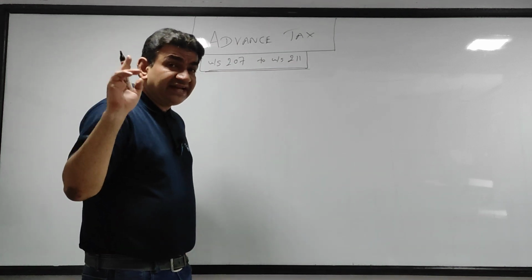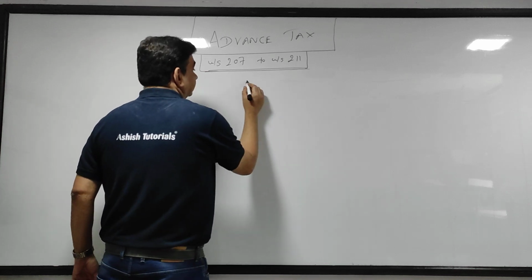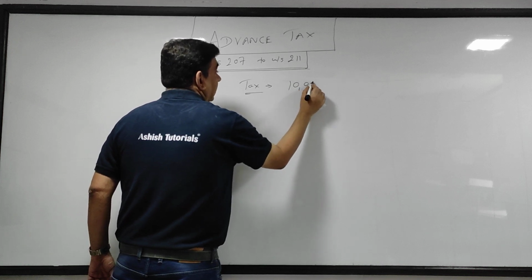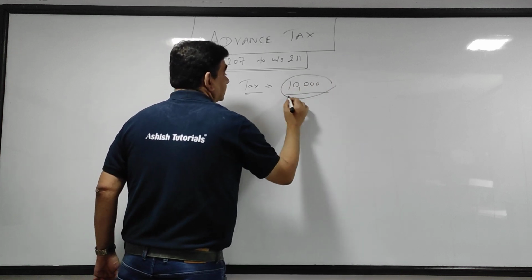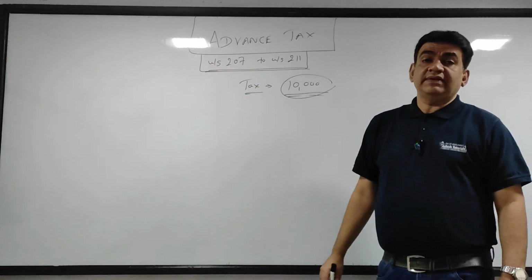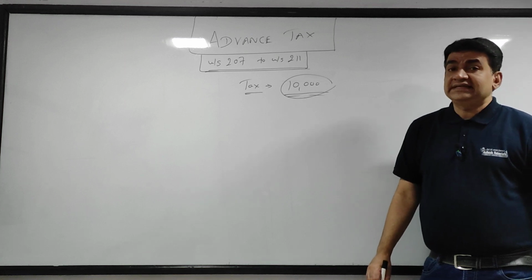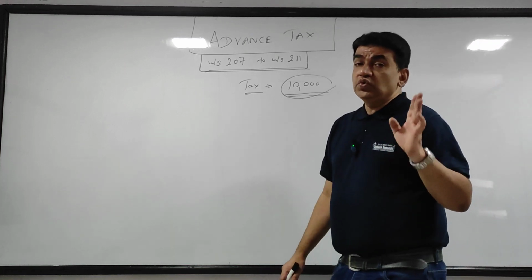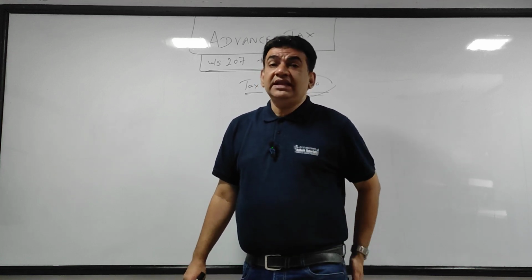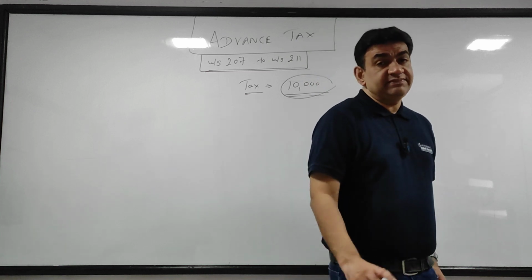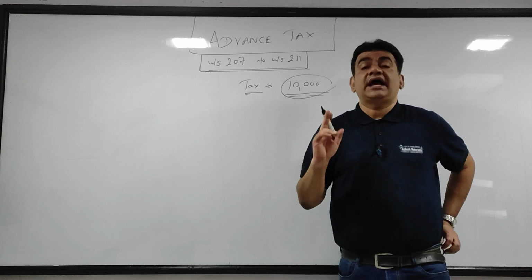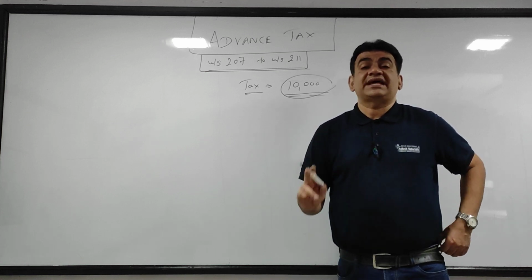And as per your estimates, if the total tax payable for the entire year is more than 10,000, then in that case, you will have to pay the tax in advance. Remember this limit, 10,000. If it is 10,000 or above, you will have to pay the advance tax.